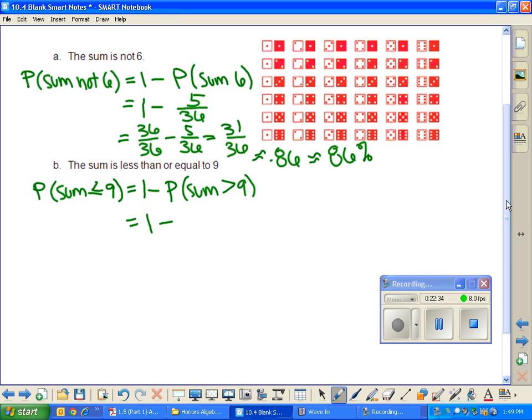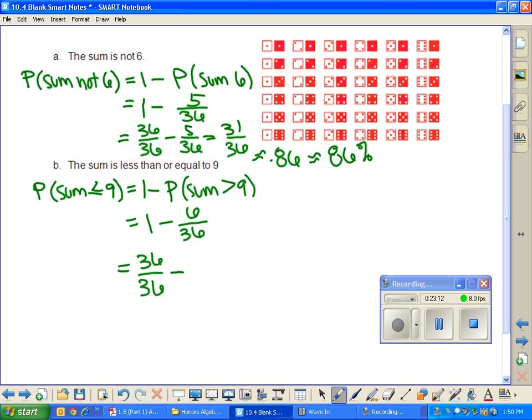So 5 would be just like the number of items, but we need the probability, so it's something out of the whole, out of all of the outcomes. So the probability of something occurring, like up here we have the probability of the sum being 6 is 5 of these out of all 36. 6 out of 36. There are 6 times in which the sum is greater than 9 out of the 36 options. Very good.